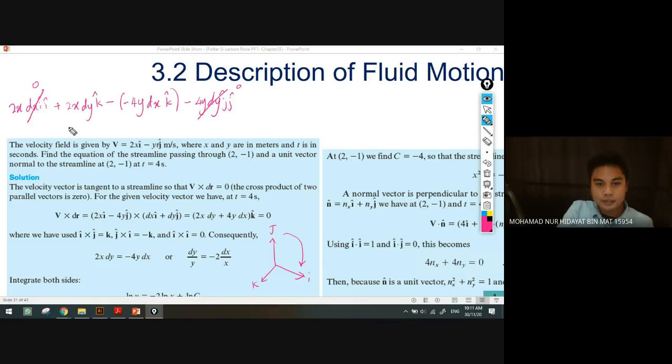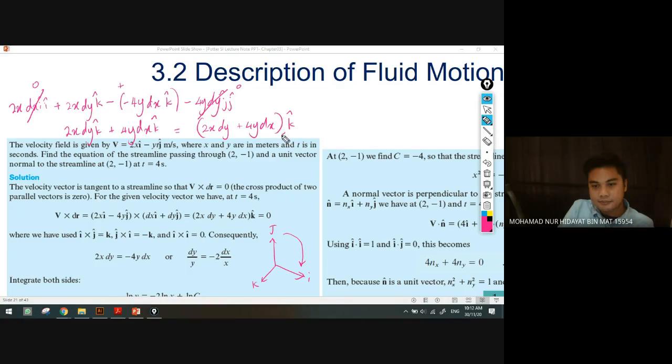So from here, you simplify 2x dy k. This is plus 4y dx k. So now you can see, you try to factorize the k. 2x dy plus 4y dx, factorize of k.